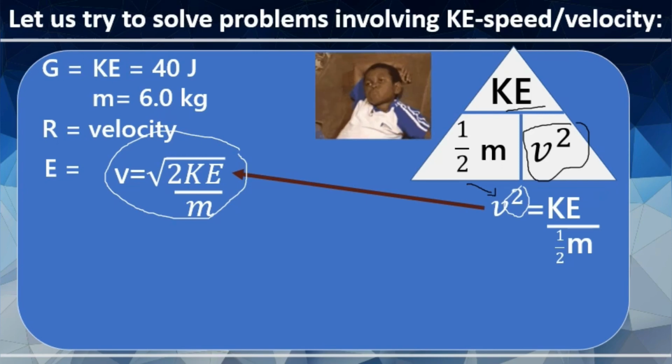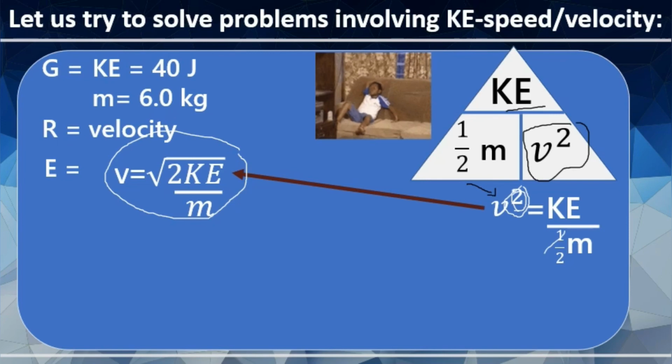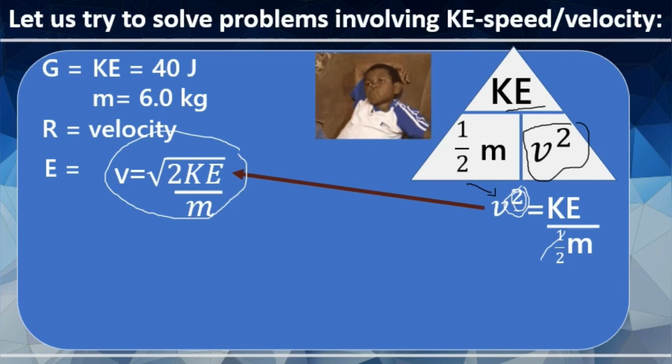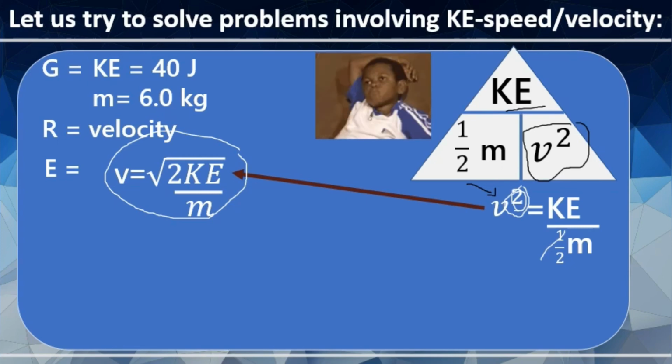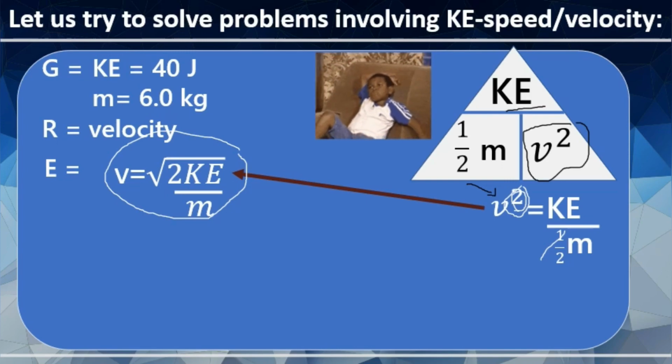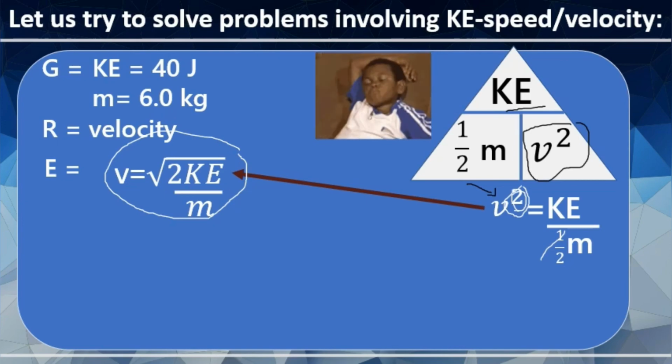So aside from we remove the exponent of the 2, here we also remove the 1 half. Okay, and then the m is the one left at the bottom. Okay, again, the formula for getting velocity is square root of 2KE over m. Okay, next.